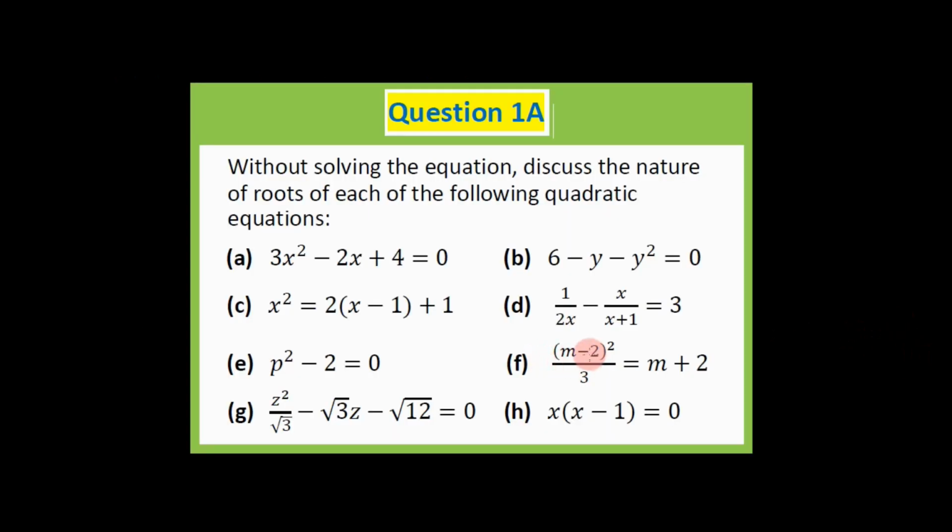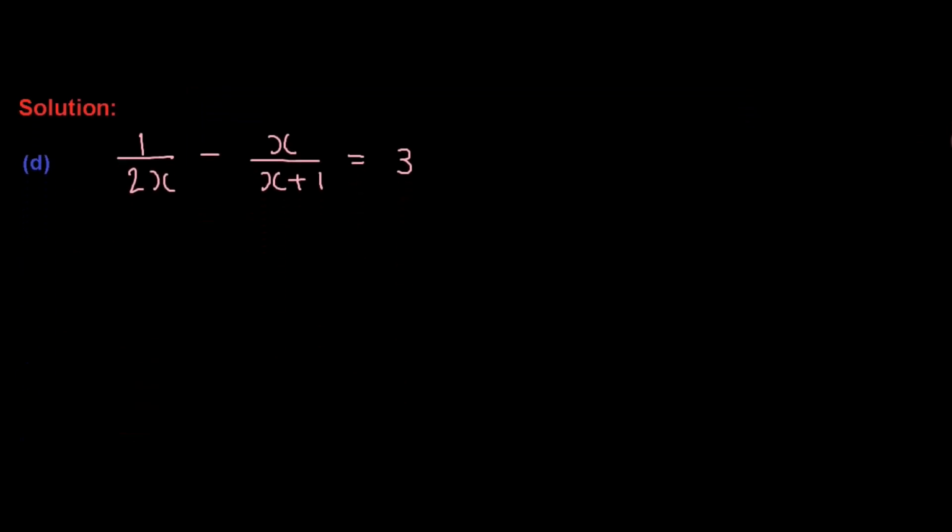Then in D, the equation is obviously not in standard quadratic form, and we also have fractions to deal with. So we're first going to get rid of the fractions by multiplying through by the LCD. So we're going to multiply through by 2x into x plus 1.